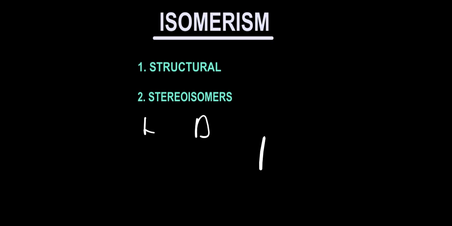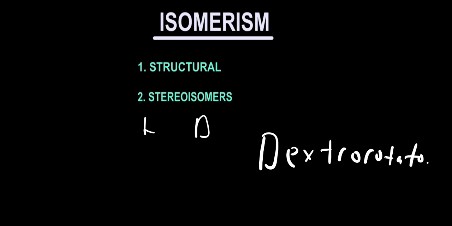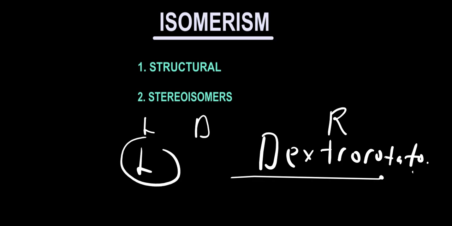Let me write the spelling: dextrorotatory. So this is to the right. Levorotatory is to the left, hence the L, just to help you remember.